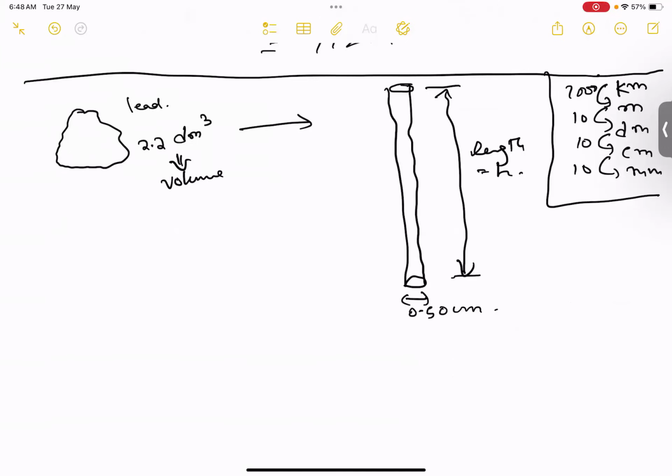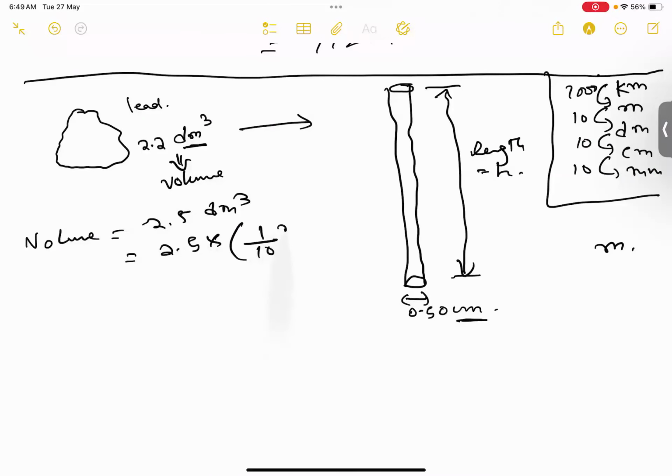Since the volume is given in decimeter cube and the diameter in centimeter, let's convert it all to meter first. You can convert it to centimeter also, but that becomes a very big unit, so somewhere in between, we'll convert it into meter. So volume is 2.5 decimeter cube, equal to 2.5 into 1 by 10 meter whole cube, because 1 decimeter is equal to 1 by 10 meter.